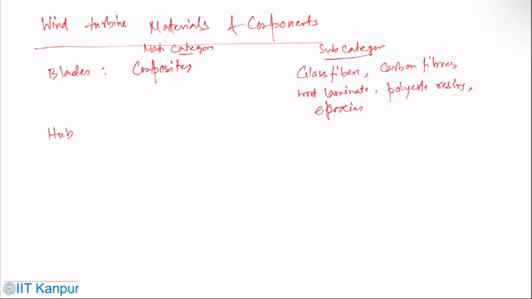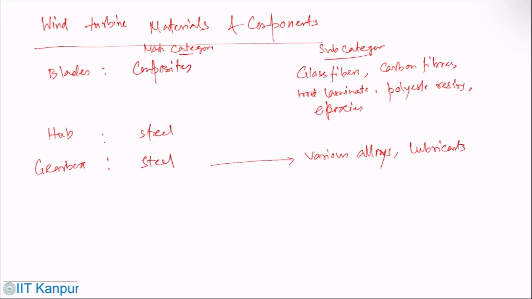Then hub, you have steel. Then gearbox, you have steel, where you can have various alloys, lubricants.